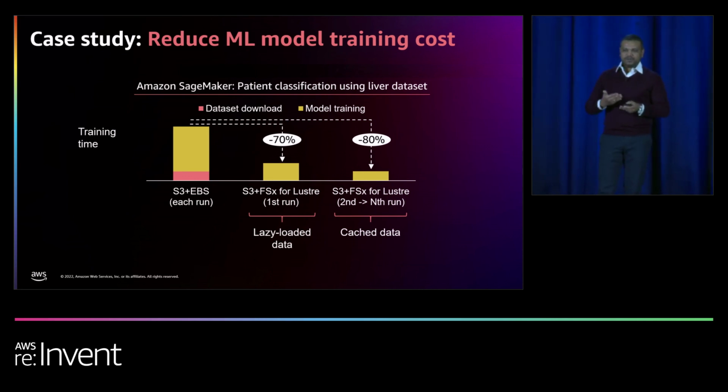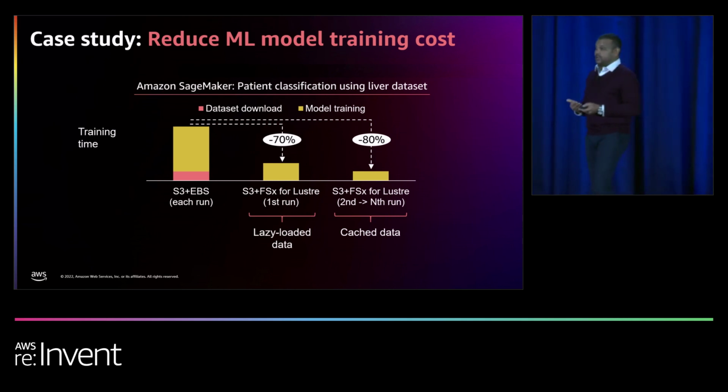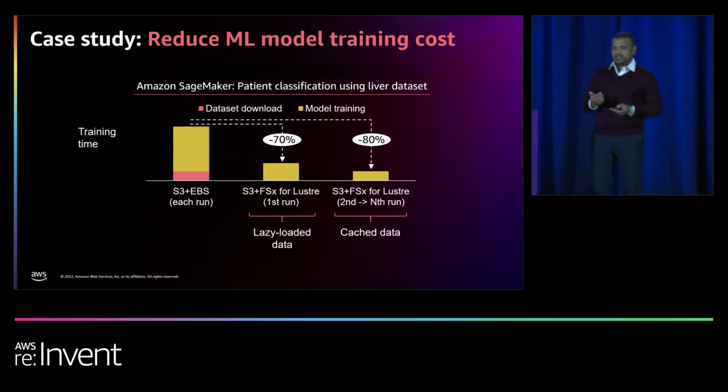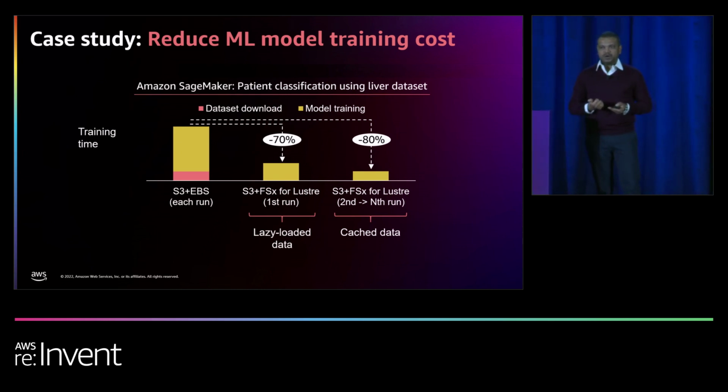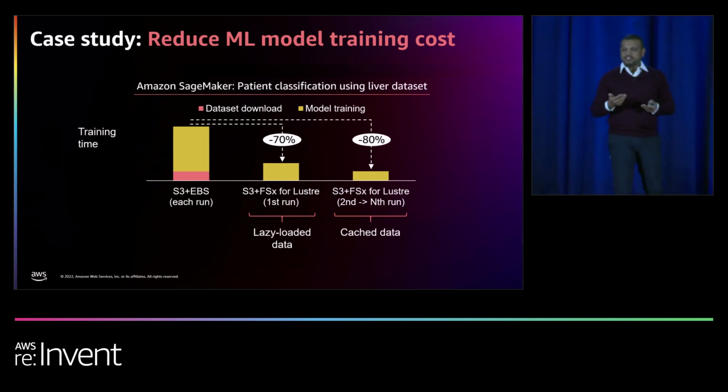So that's why the overall training time was slightly higher when we first ran the training. But when you run the training the second time, and you probably will do that if you're doing hyperparameter tuning or you need to rerun those training jobs, you can see now that the data is in FSx, the training was much faster. Right.